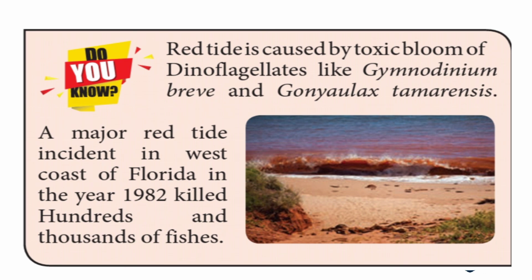This is an example of dinoflagellates, which come under Protista. Due to the red tide, most of the fishes were destroyed, so it affects the aquatic ecosystem. You must know what dinoflagellates do. They are harmful. They are kept in Protista. They gave this for your extra information.